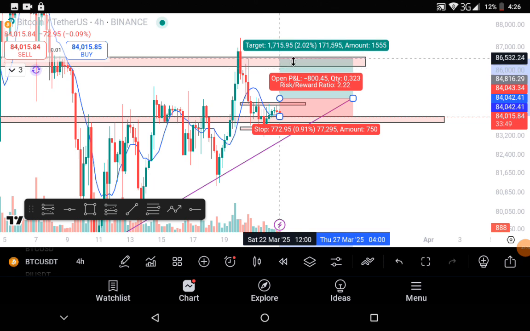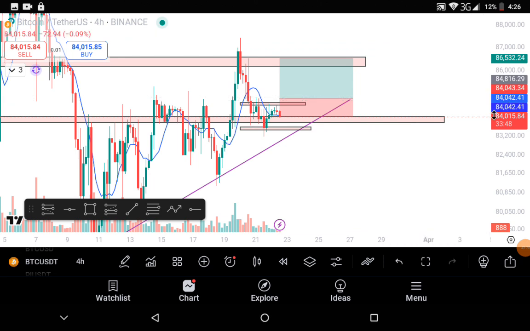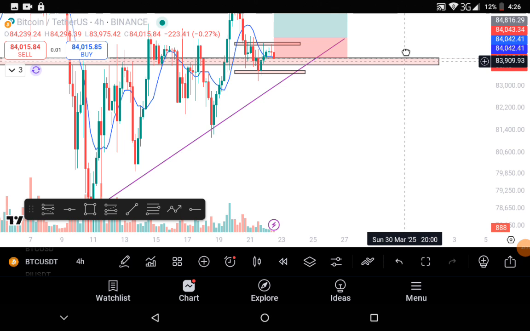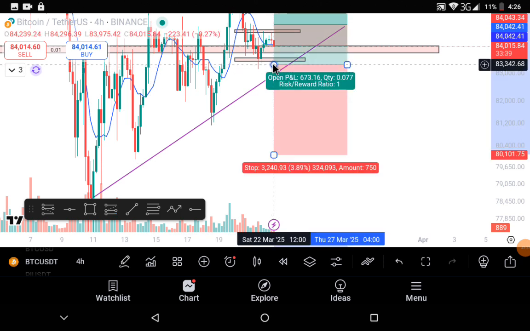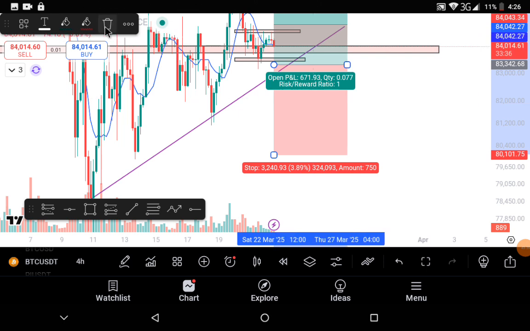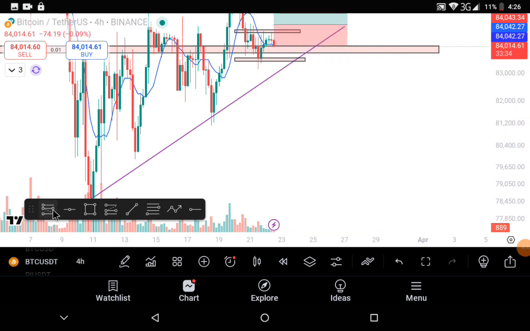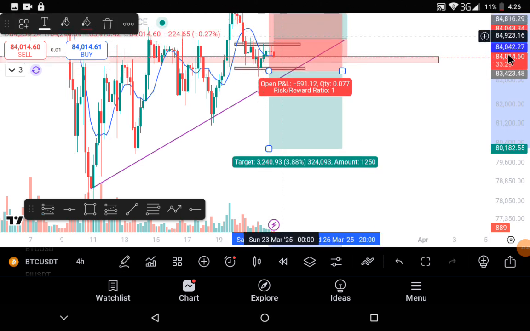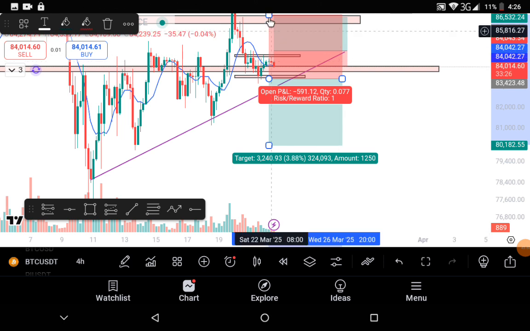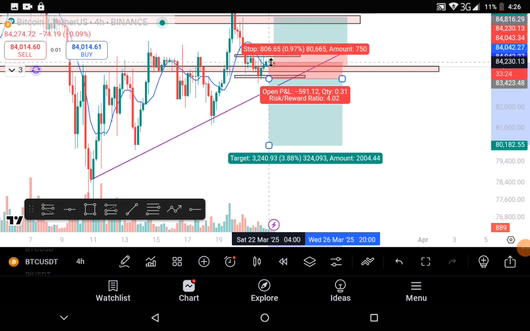We could actually sell Bitcoin maybe around here, you understand. So this is very risky. Price could break here, come here and start going back up because it's very close. But if you want to wait for a good one, you wait for it to break below this trend line. So those are the two analyses on Bitcoin currently.